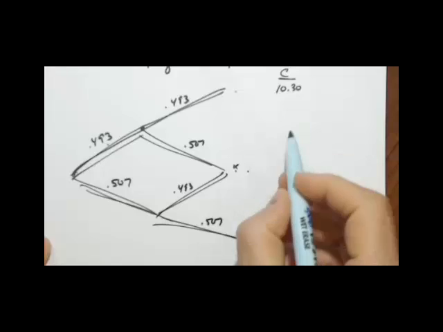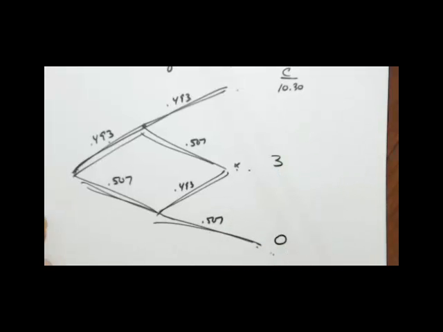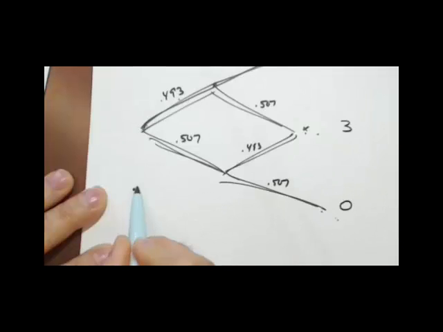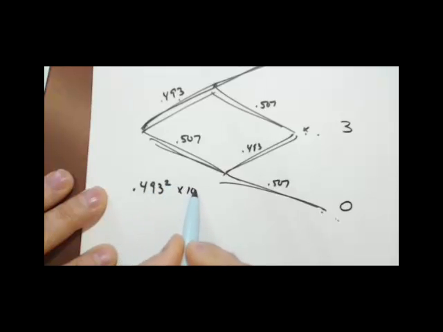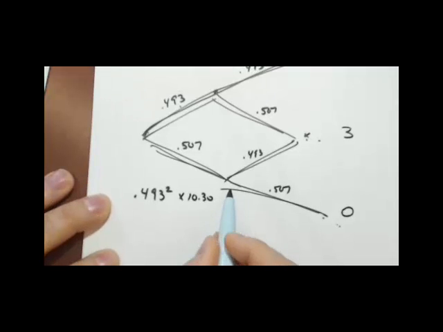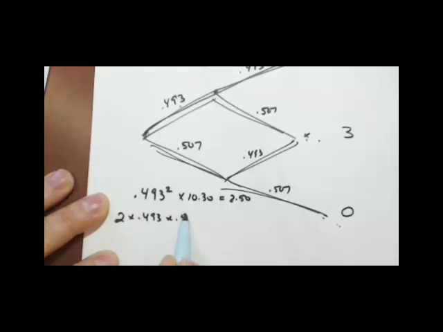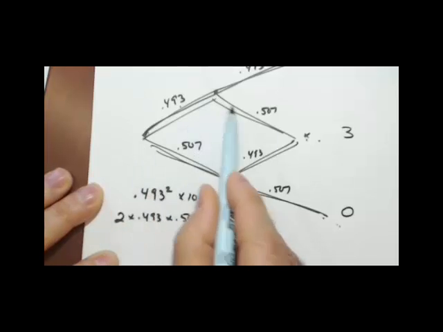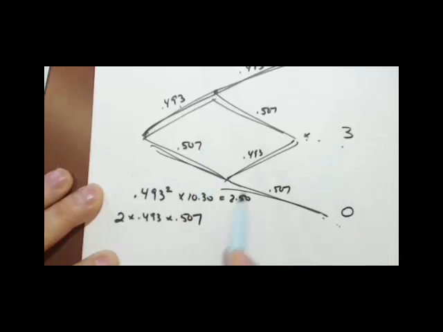So this was 10.30, this was 3, and this is 0. So if we take 0.493 squared times 10.30, that equals 2.50. 2 times 0.493 times 0.507. So there's two ways to go up and down to get to this step, so it's 2 times the probabilities, gives me $1.50.